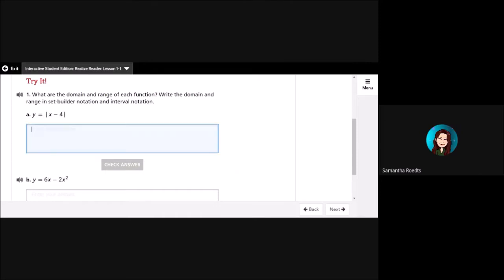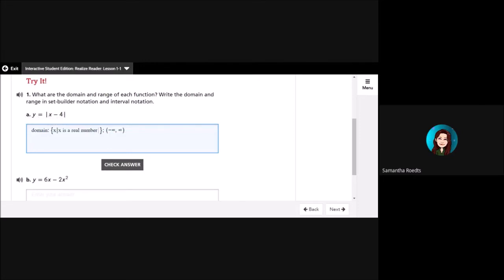my domain is my x values. So x is a real number. Infinity. So I can put in any number. It's always going to be, it's an absolute value.